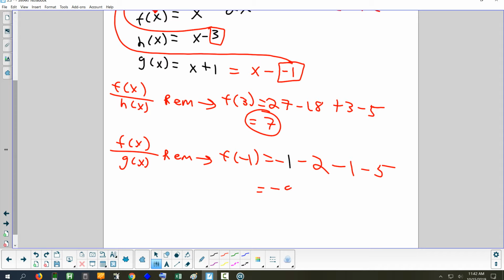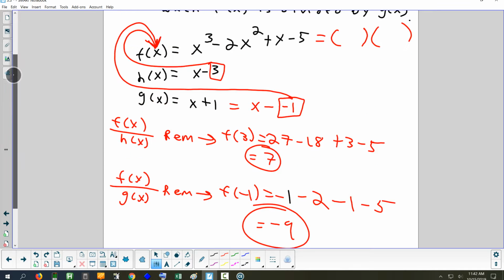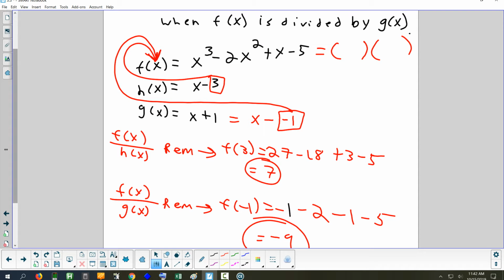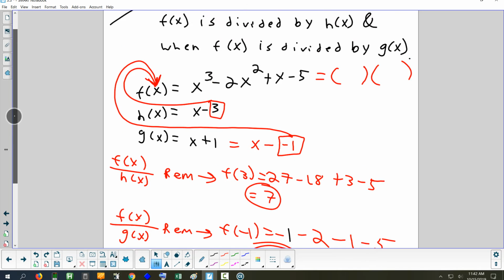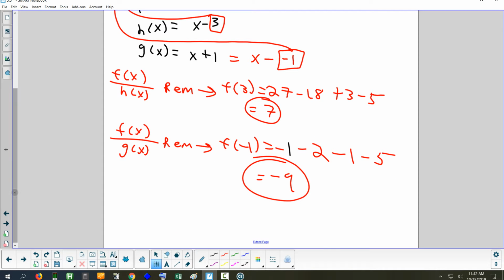Minus 5 is -9. So you found the remainder. If you were to do out all the long division like I showed you, that's what you'd get for the remainder. So what that means again, g of x is not a factor. It's not a factor. You don't have to write that here, but that's what we just figured out. Okay, and that's called the remainder theorem.